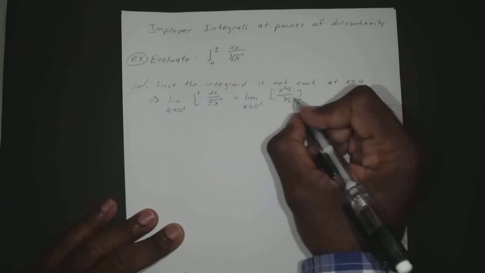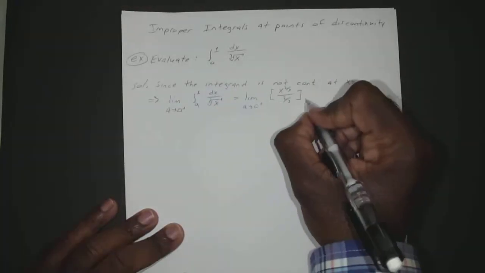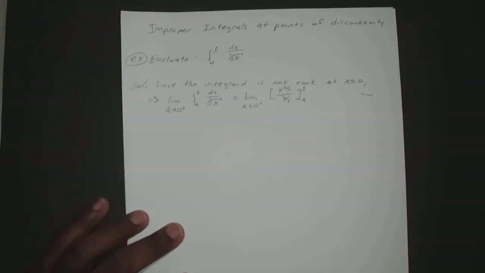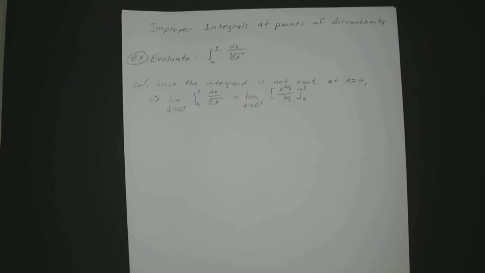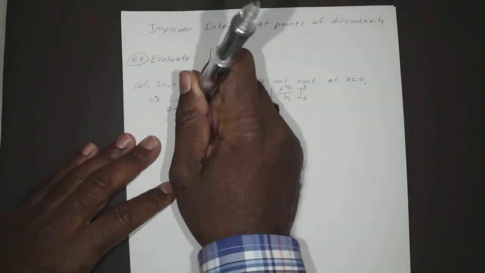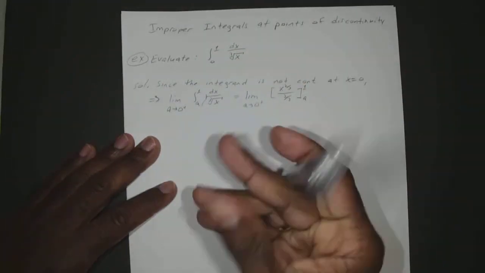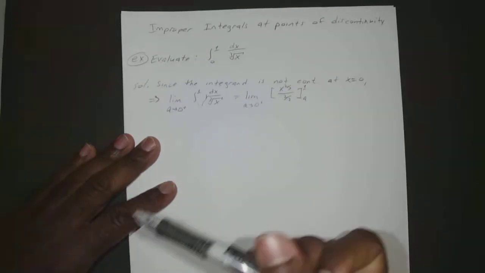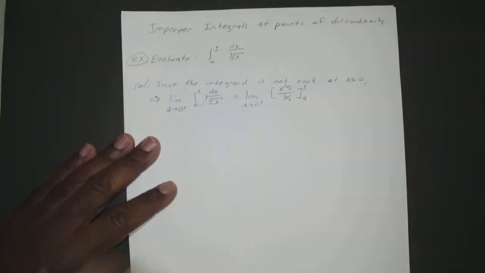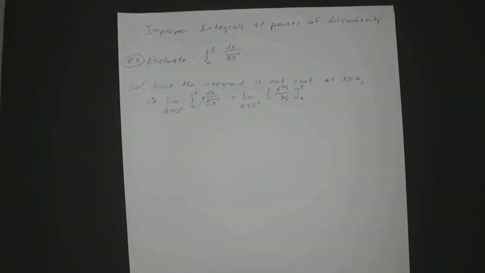Oh, actually, it is from a to 1. Why did I write 0 here? That should be from a to 1. There we go. And why are my a's looking like 9s? That still looks like a 9. There we go. Close enough.